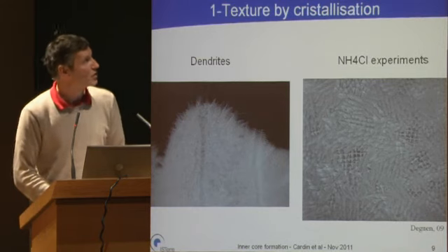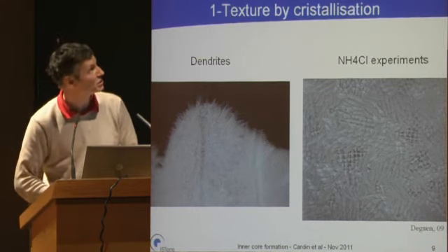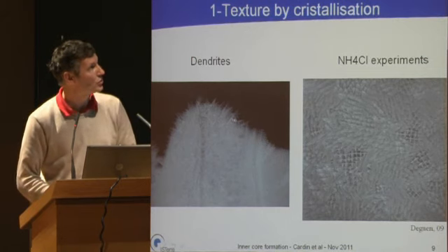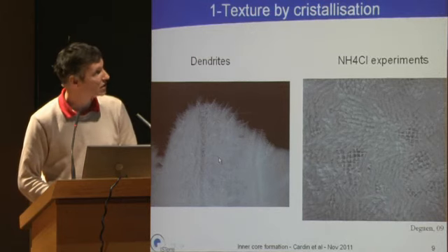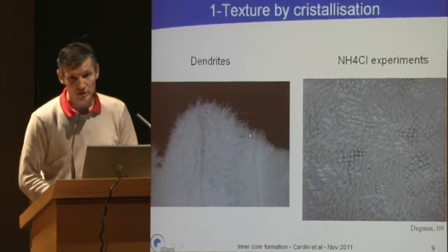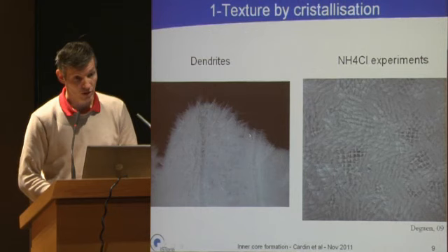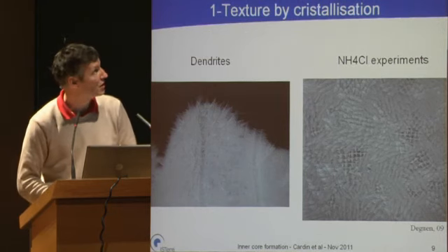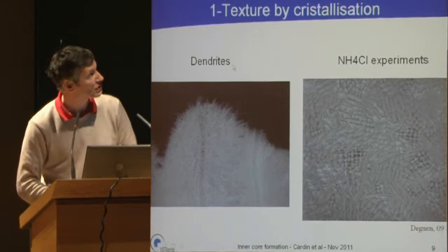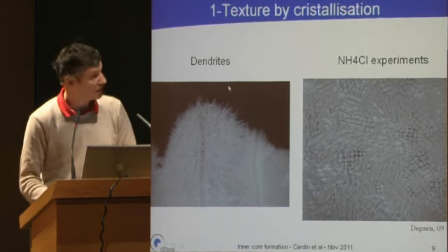One is using the crystallization process to orient all crystals at the inner core boundary and to preserve this anisotropy during all the lifetime of the inner core. This could be made through dendrites, and has been studied.